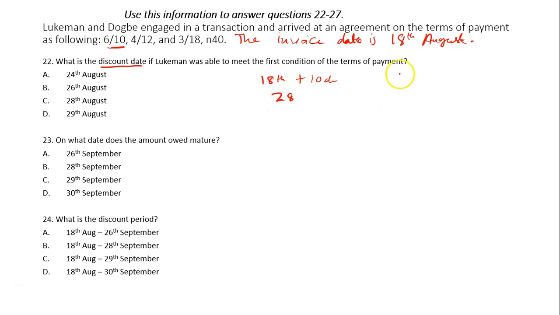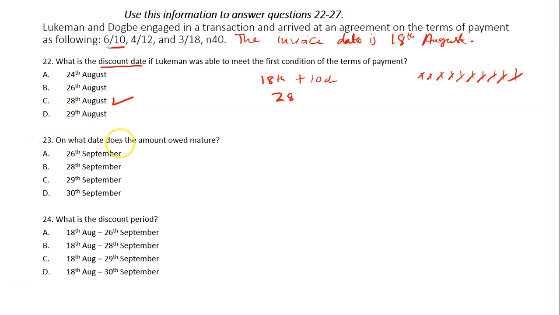Or let's draw 10 fingers. 1, 2, 3, 4, 5, 6, 7, 8, 9, 10. Now, 18th, so 19th, 20th, 21st, 22nd, 23rd, 24th, 25th, 26th, 27th, and 28th. So the discount date will be 28th, which is C.